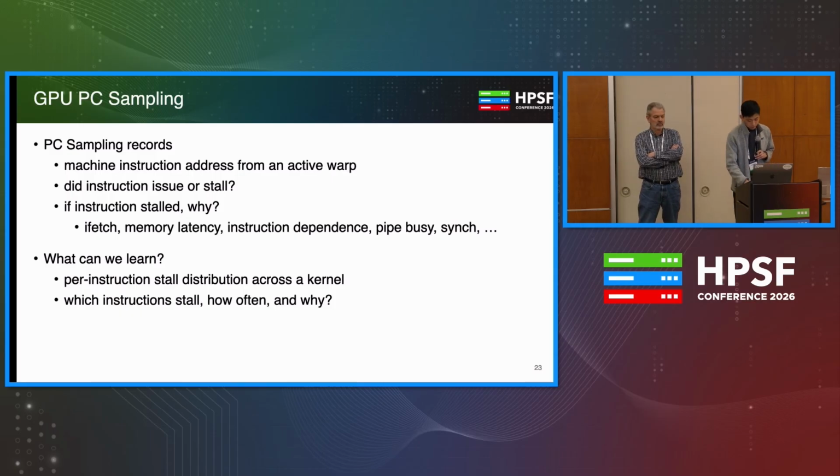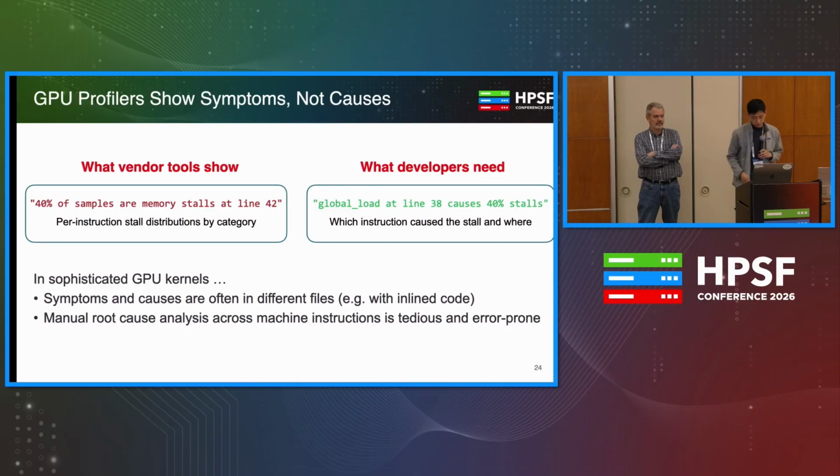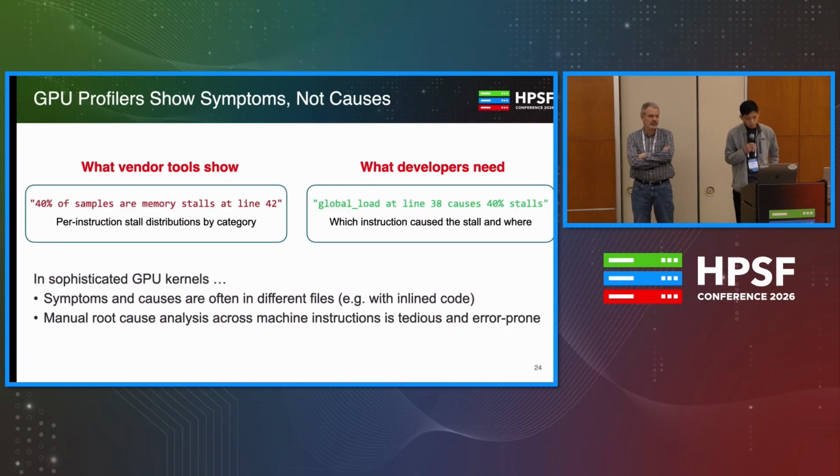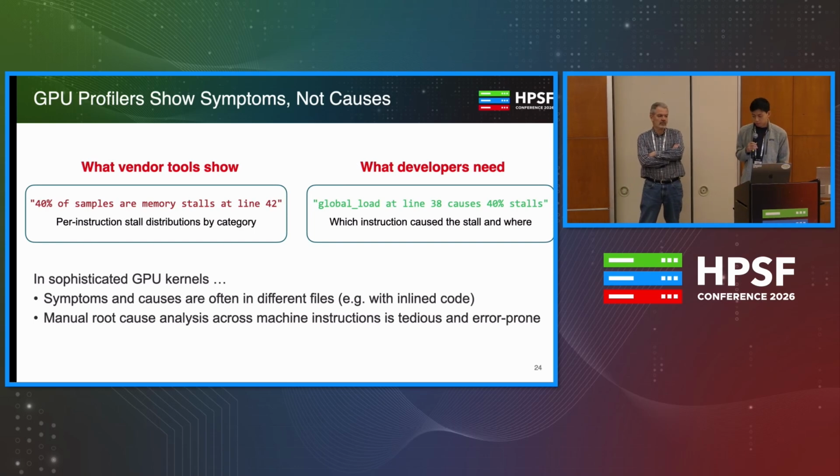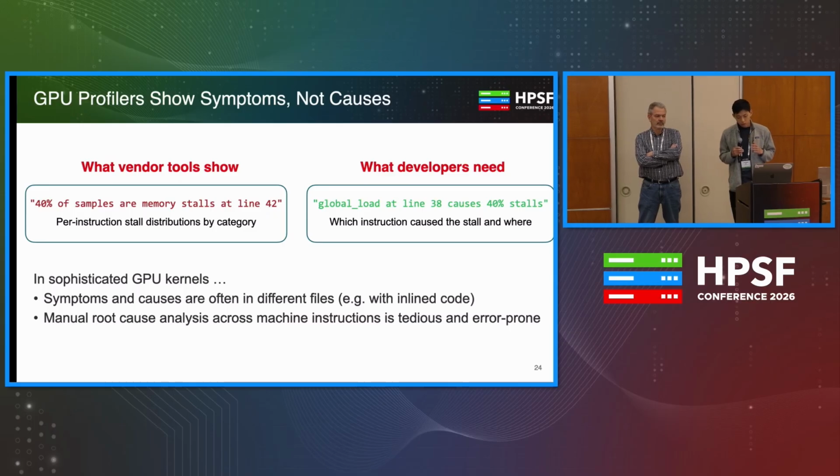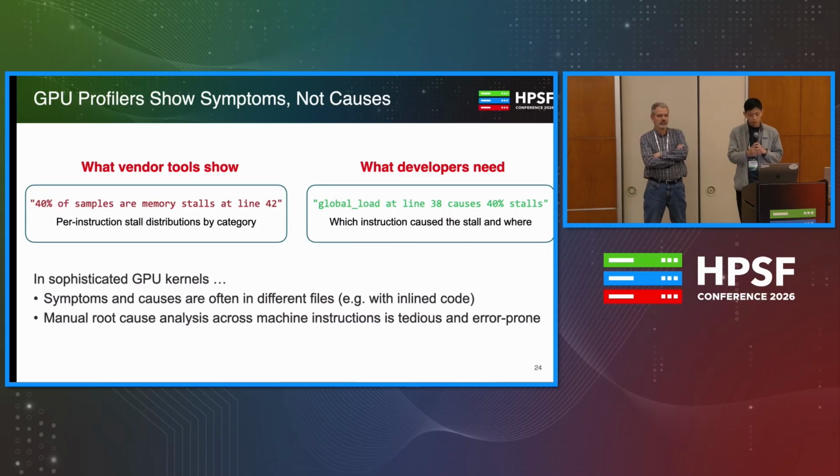But there are two issues still there in the community. The first one is that currently all the profilers from vendors can tell us which kind of stalls are accumulated in which line of code in a specific file. But these kinds of things are all about symptoms. The stall will actually be caused by something previous.